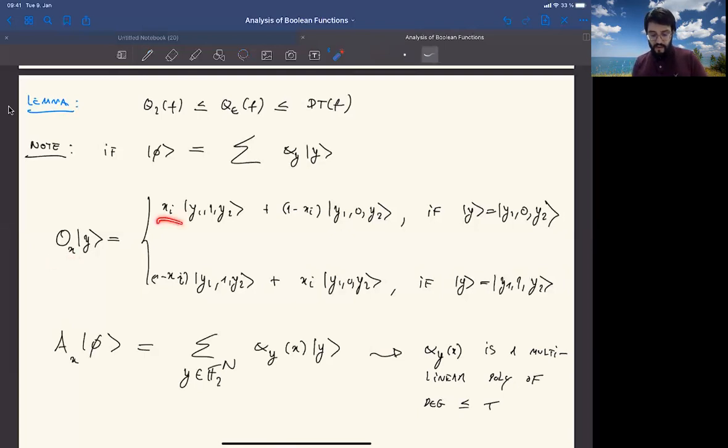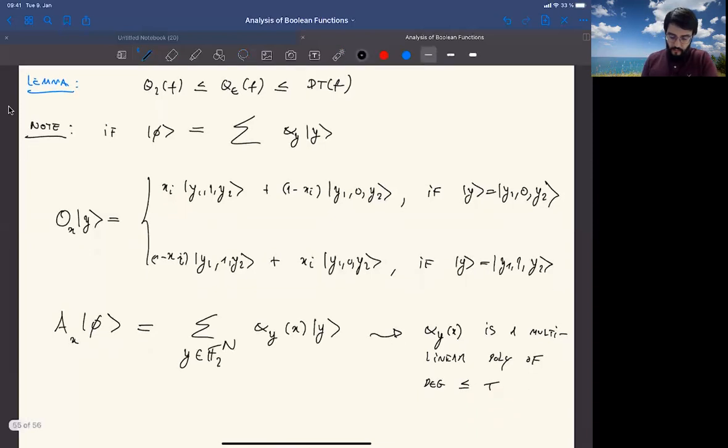You can apply, let's say, xi twice, but whenever you have xi squared, that equals xi. So you can simplify to a multilinear polynomial, and the degree will be at most the number of times you apply this, so at most t.